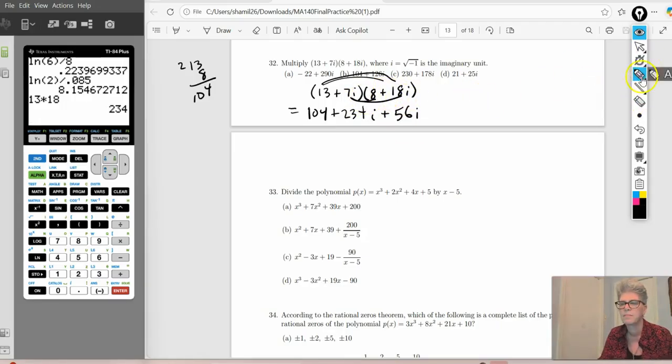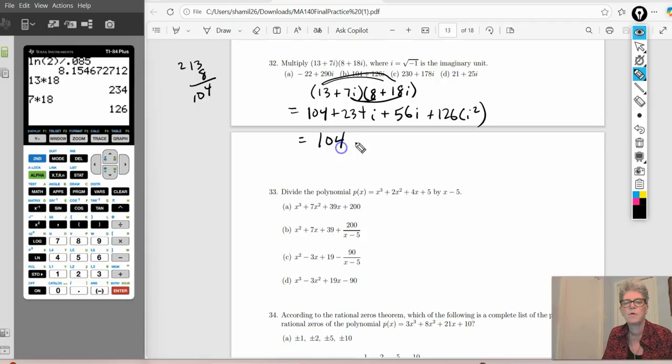Okay. Well, 7 times 18 is 126. And then you have i times i, which is i squared. Okay, so I'm going to have 104 plus, and then I'm going to put those two terms together.